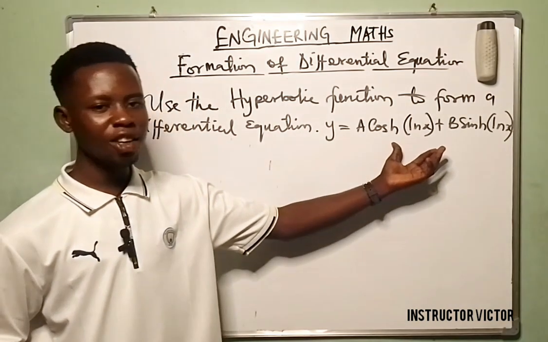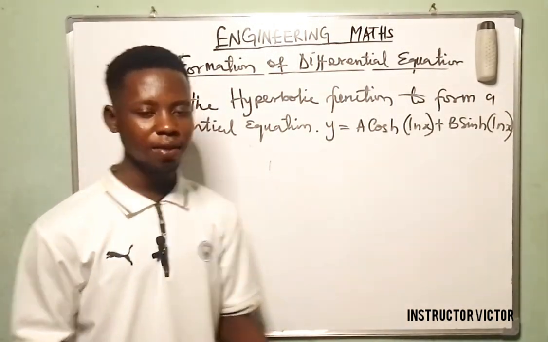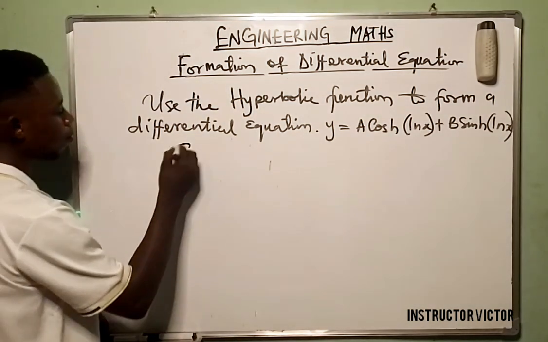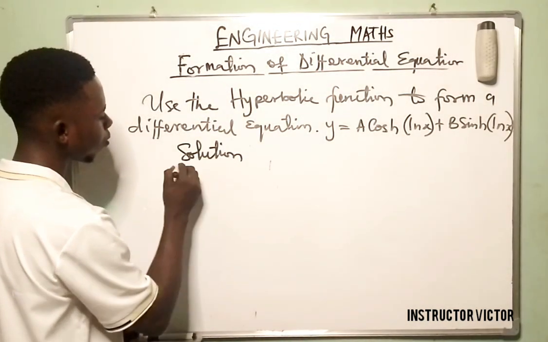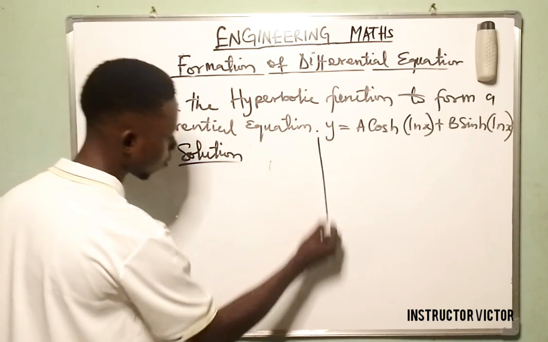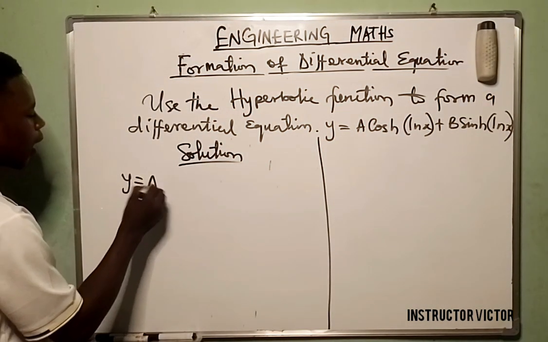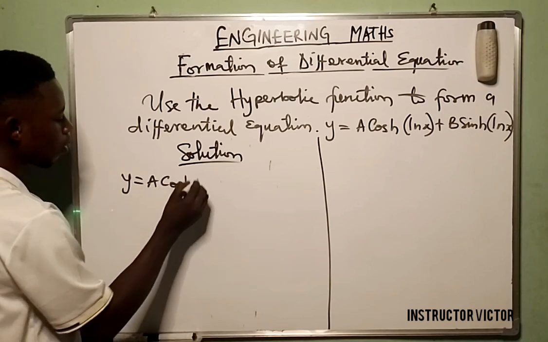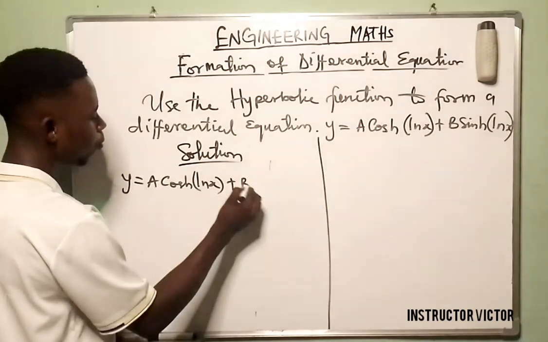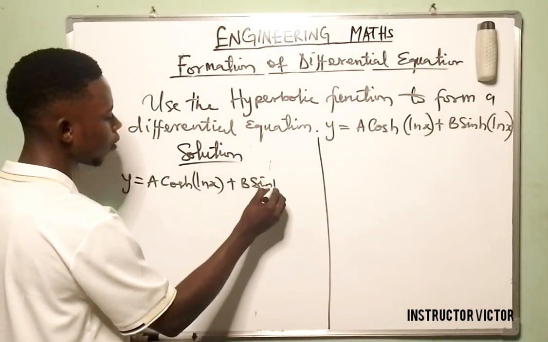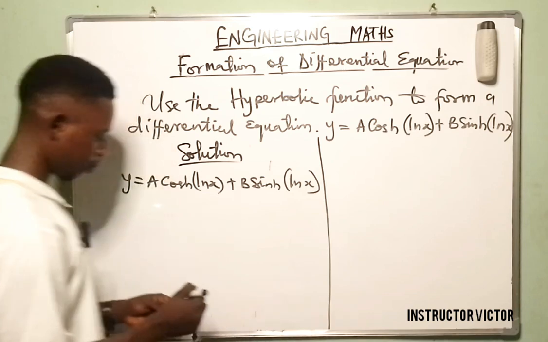Now how many constants do we have here? We have two constants. You know our normal treatment. So, solution. We are given y equals a cos ln x plus b sin ln x.